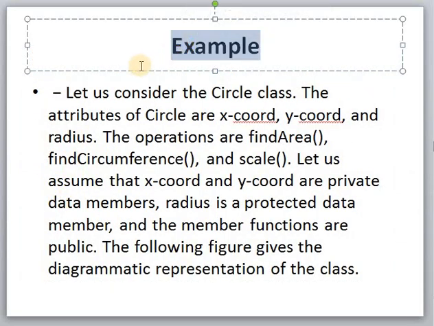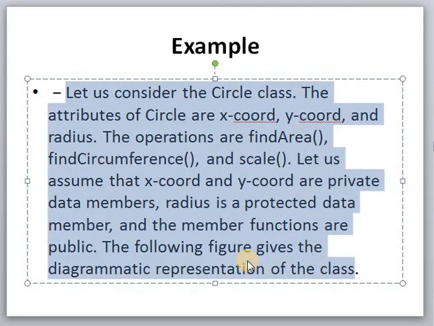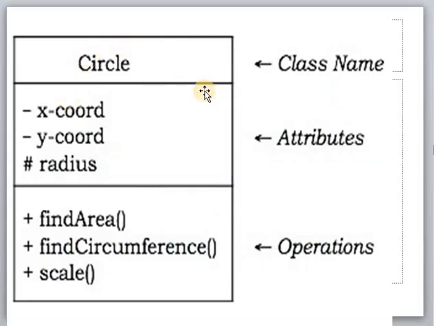Let us consider an example in order to understand the visibility types. Let us consider the circle class. This is a class with the name Circle, represented by using a first capital letter, and the name should be written at the center of this compartment.